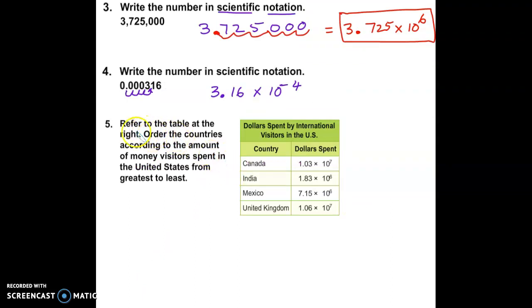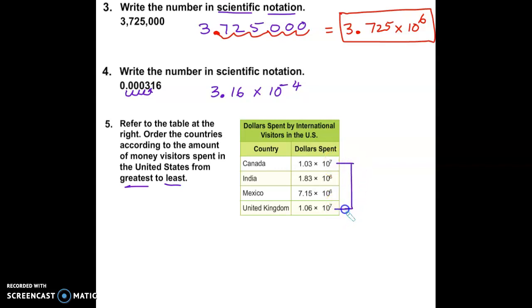In this question, refer to the table. Order the countries according to the amount of money visitors spent in the United States, from the greatest to the least. Greatest means the big number to the least. First of all, when you find the big numbers, always look at the exponents. I can see 10 to the 7 and then 10 to the 7.